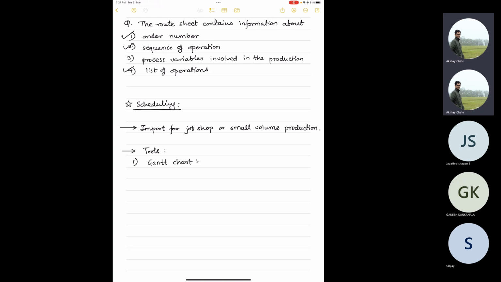The most important thing that you should know is, a Gantt chart only represents or shows the time required for various operations.